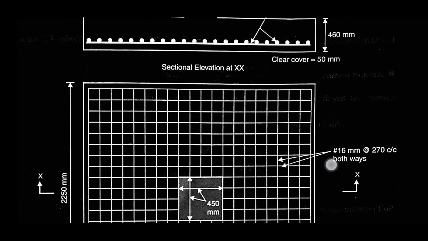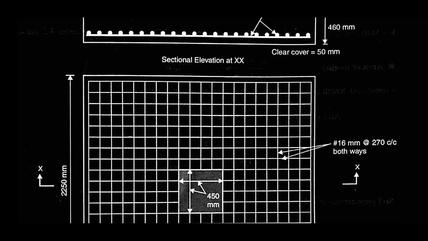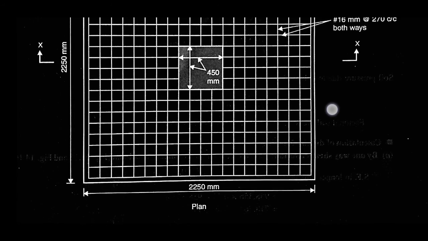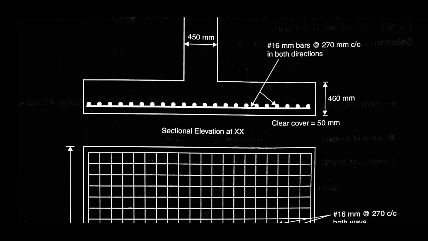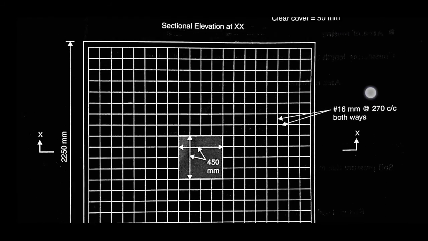Okay, so in elevation you can see the column is 450 mm and here is the footing which is 2250 mm and the depth is 460 mm, clear cover is 50 mm and 16 mm dia bars at 270 mm center to center in both directions are provided and the plan looks like this.